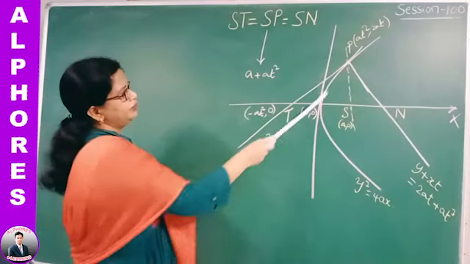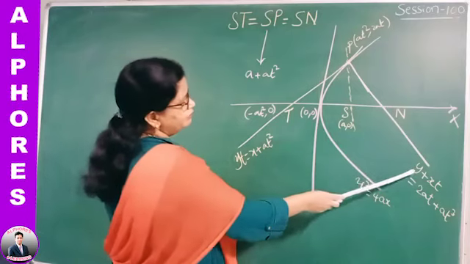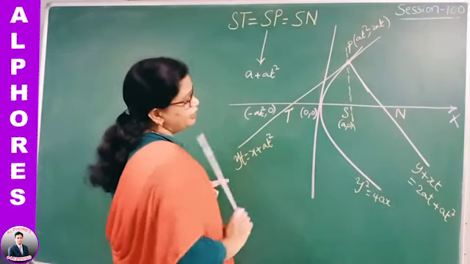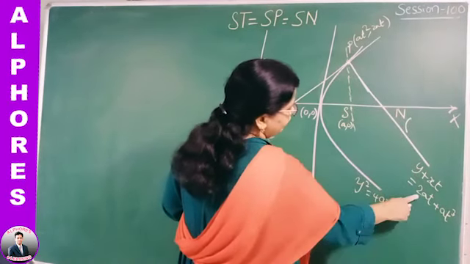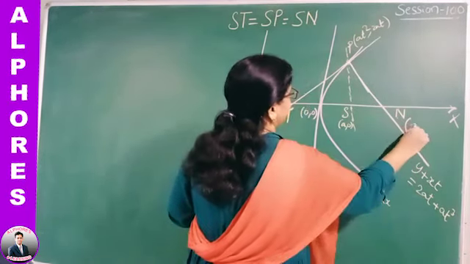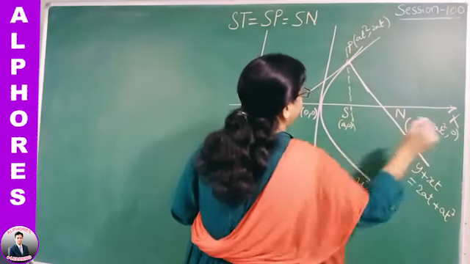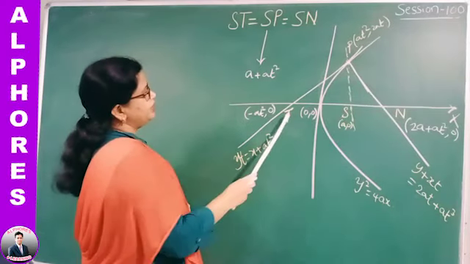And next, if the normal meets the x-axis again, what will happen here? y is 0. When y is 0, what about the x value? If you divide by t, then these coordinates are nothing but (2a plus a t square, 0). Right? And now, what about your observation from S to T?